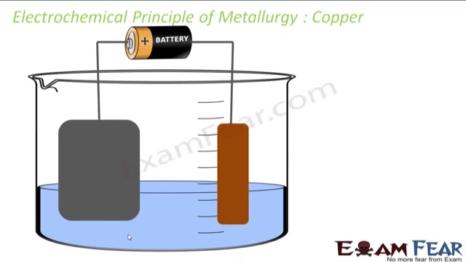The next is copper. We get copper from low grade copper ore and scraps using this. So let's suppose this is a low grade copper ore, and this is the output.